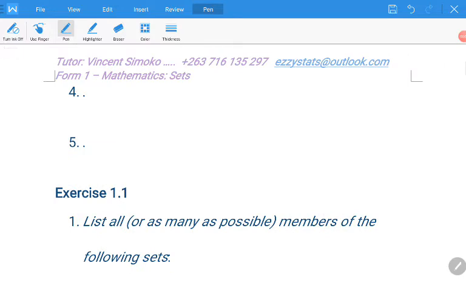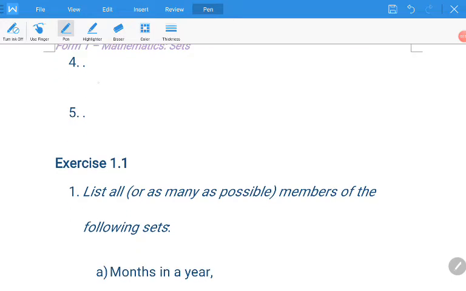Another set that we might consider can be brands of laptops. So I'm going to use B to represent this set.